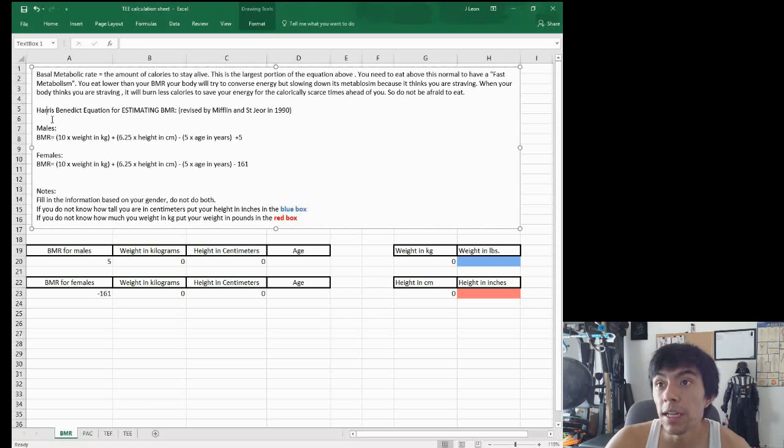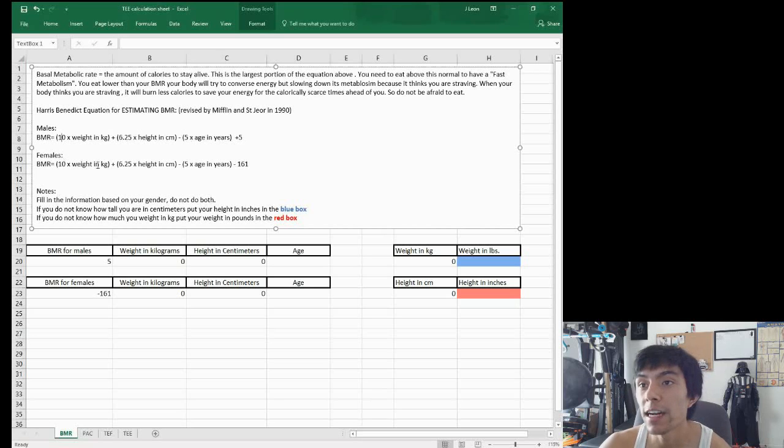To estimate the BMR, we're going to be using the Harris-Benedict equation. This is not the original equation. It is a modification made in 1990. So for males, we have 10 times your weight in kilograms plus 6.25 times your height in centimeters minus 5 times your age plus 5.